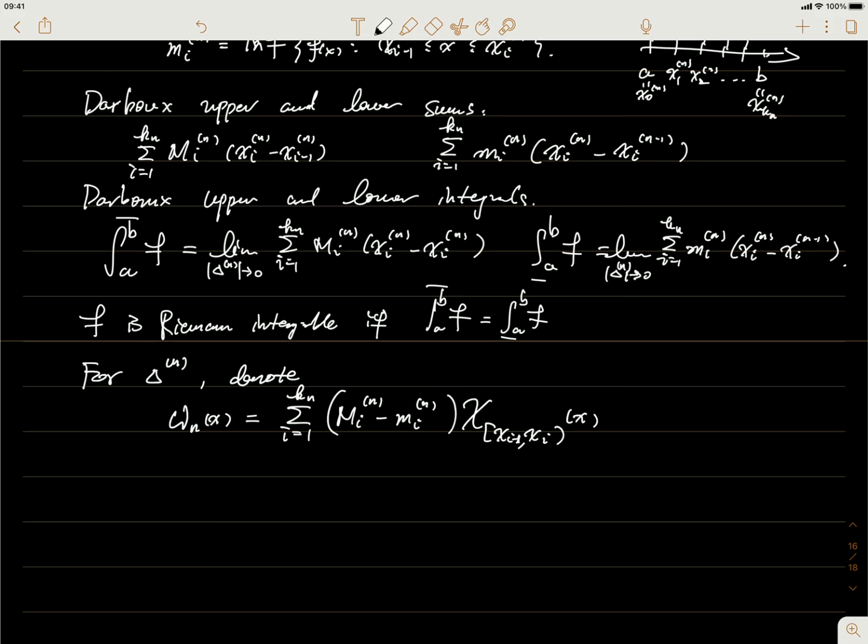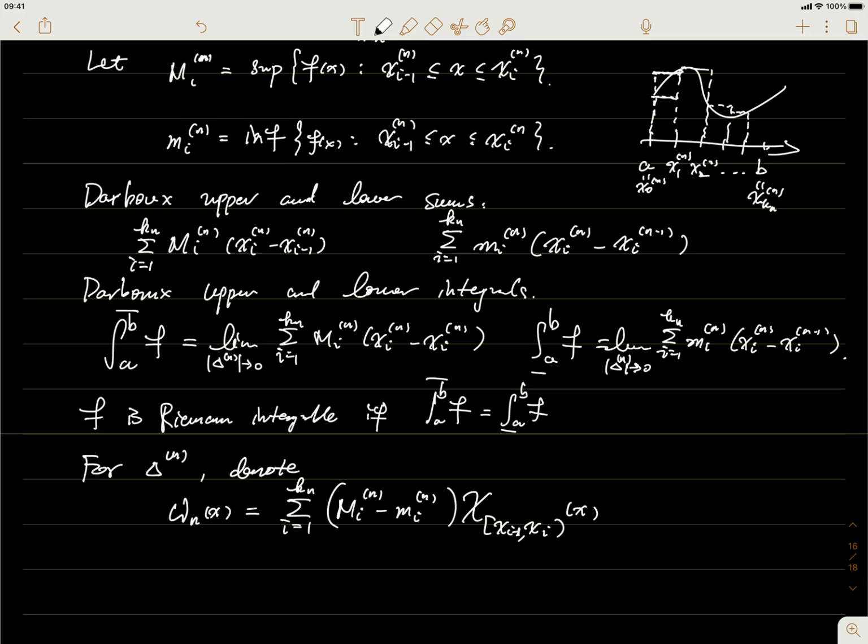What this means, going back to this picture, is that on each of these intervals, which I define as half closed and half open, I define the function value to be the gap between the two. So you can see that the gap is non-negative, and it is constant over this interval. So this Wn is a piecewise constant function and is non-negative.